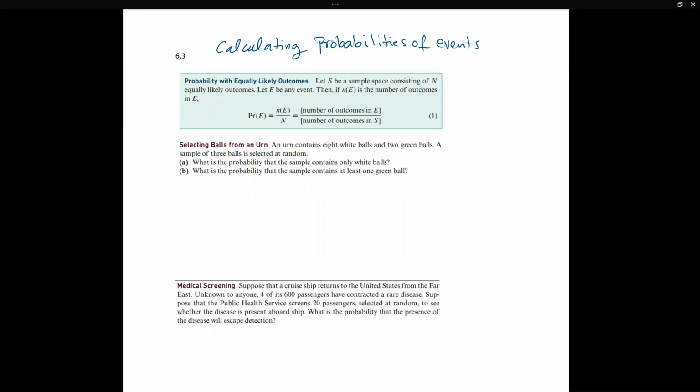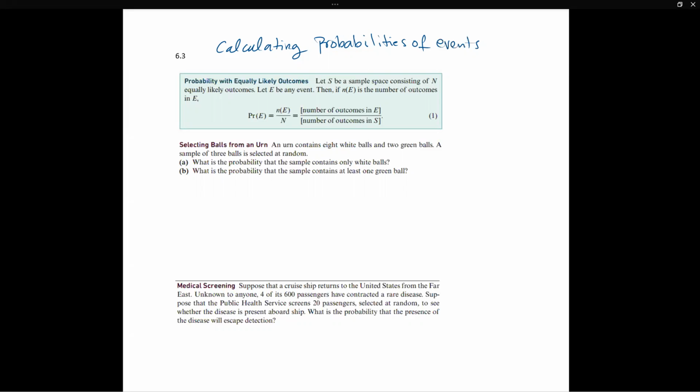Let E be any event. Then if n(E) is the number of outcomes in E, the probability of E is n(E) over n, which is the number of outcomes in E divided by the number of outcomes in the sample space.